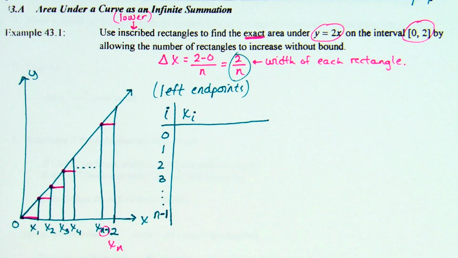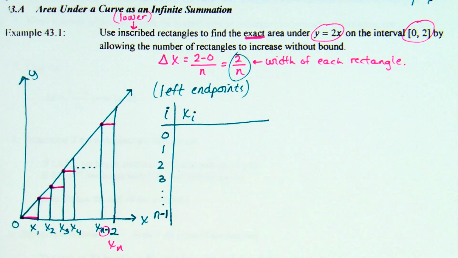So i is 0. 0 times 2 over n is 0. Just going to put 0 on that one. I'll write it out more as I get into them. On the next one, it's 1. My i value is 1 times delta x, which is 2 over n. 1 times 2 over n is 2 over n.